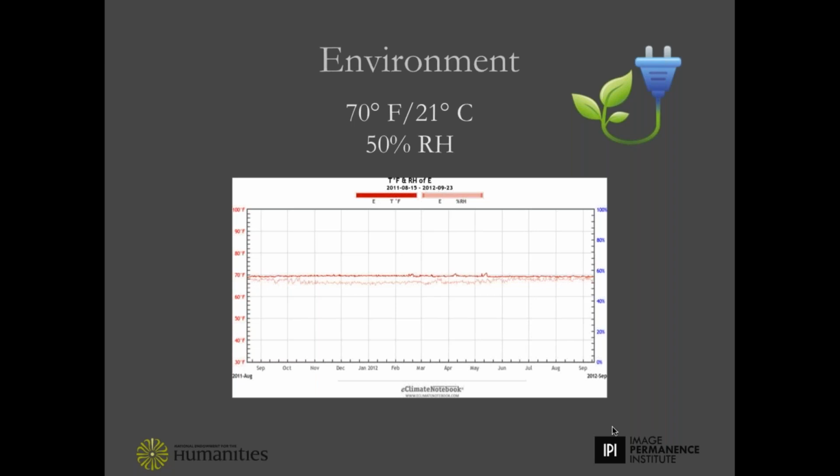Most cultural heritage research centers and standards agree that 70 degrees Fahrenheit and 50% relative humidity is not a great environment. I repeat, 70 degrees Fahrenheit, 50% relative humidity is not that great for your collection. So this approach is problematic for several reasons.